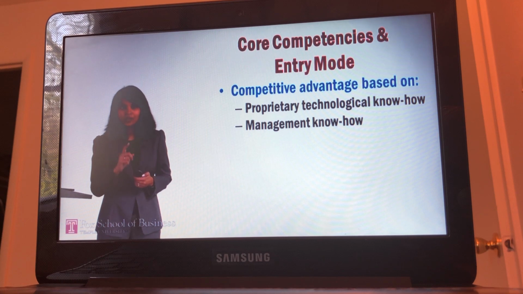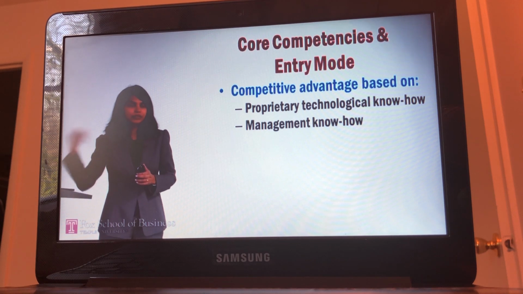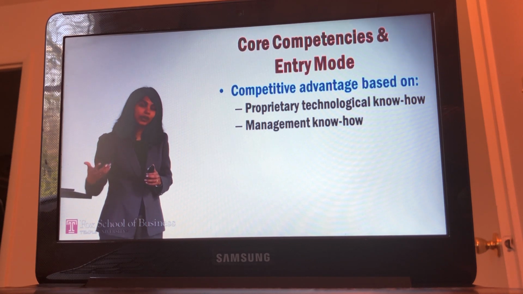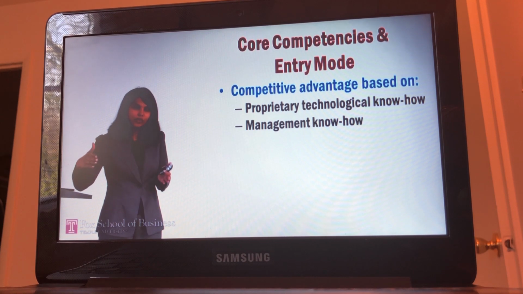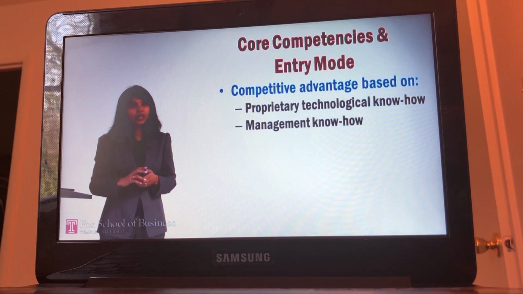But if your technological know-how is transitory in nature, such that after 2 or 3 months, right now only I have this, but my rival firms are going to quickly catch up and learn the same technology, then I have a very short window of time in which to earn the maximum returns using that technology.